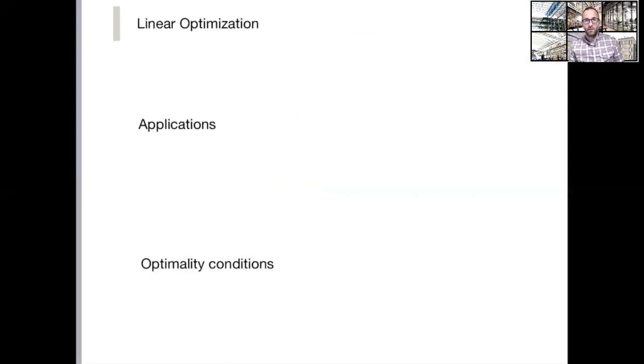Let's look at a problem that we haven't talked about much, that of linear optimization. So recall that the basic problem in linear optimization is to minimize a linear function subject to linear constraints. And you may have seen linear programs in what's called standard form.